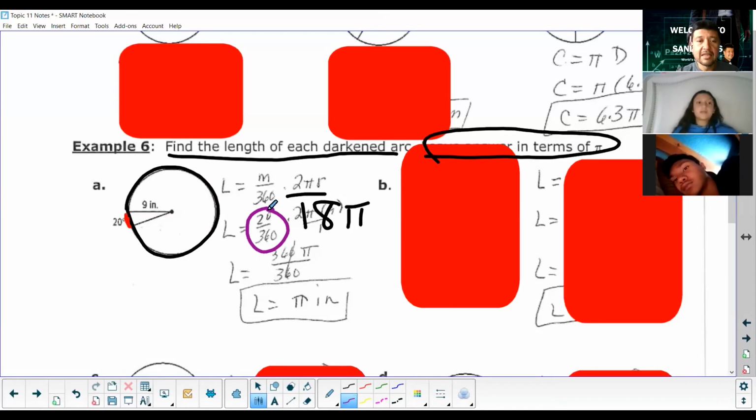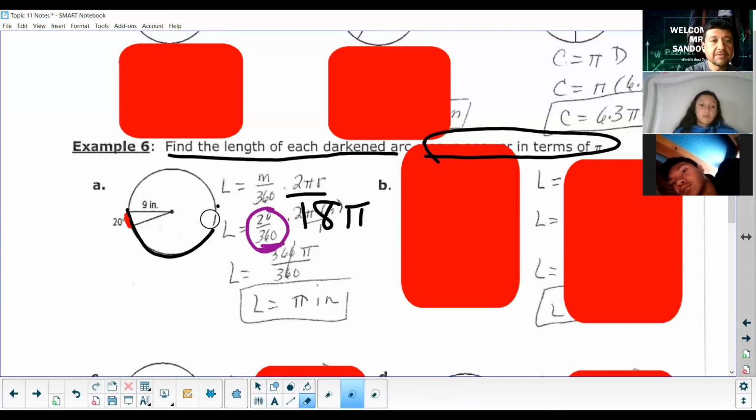Yes. That's going to be the fraction. So really what I'm saying is, out of the 360 degrees that's here, I don't care about the rest of the circle. I'm going to delete the rest of you, and I just want your fraction of what that is.